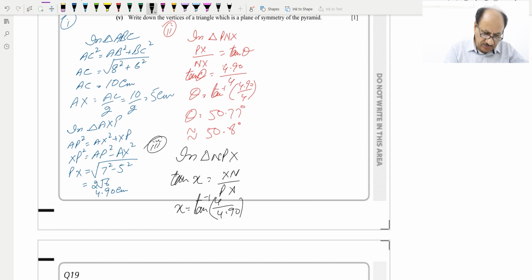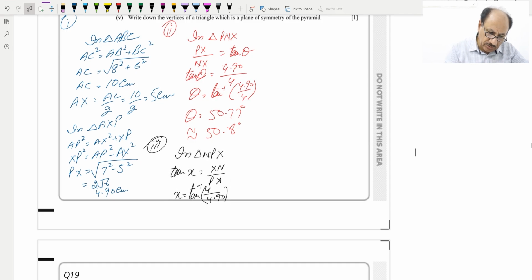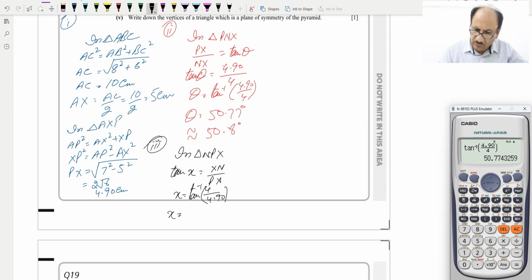So X will be equal to, I'll just reduce a little, shift tan inverse of 4 over 4.90, and bracket will be closed, and this is equal to 39.2.